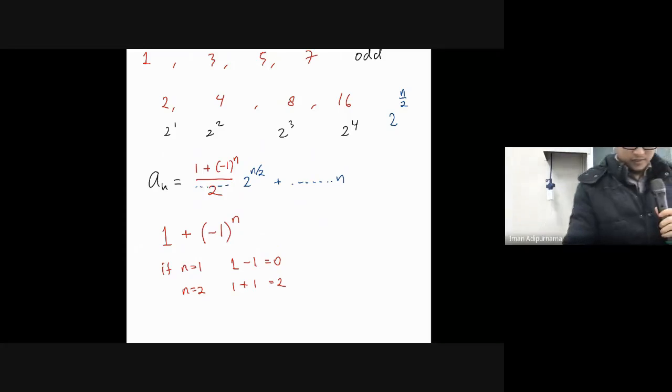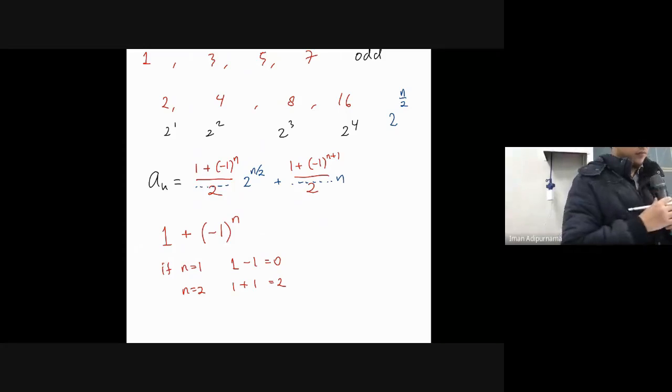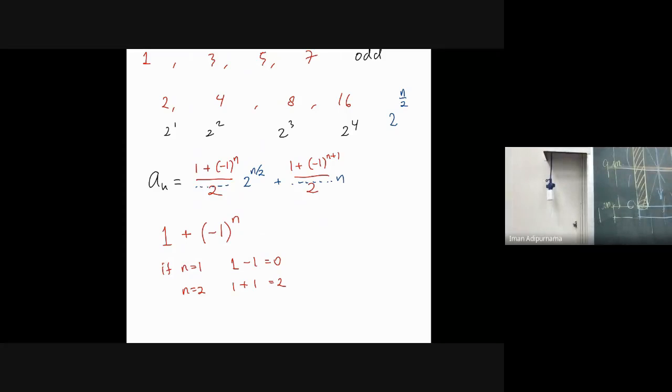Okay, 1 plus. So you can check: 1 is the answer, right? If you have 2, it is the odd. If you become 3, it's 0. And this will be your terms, right?